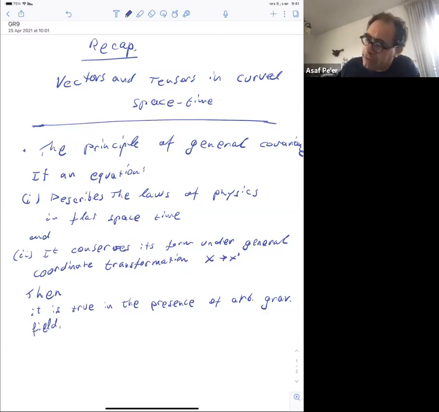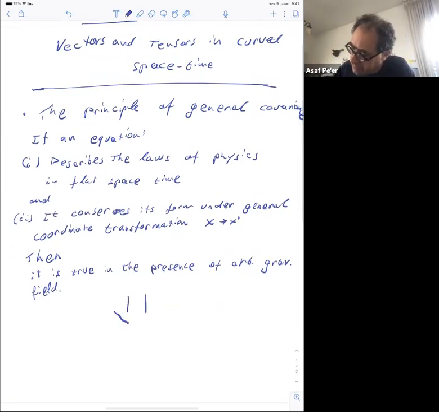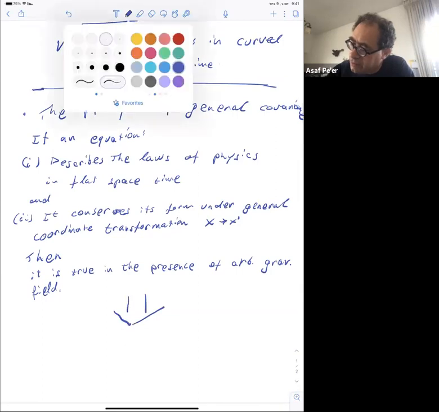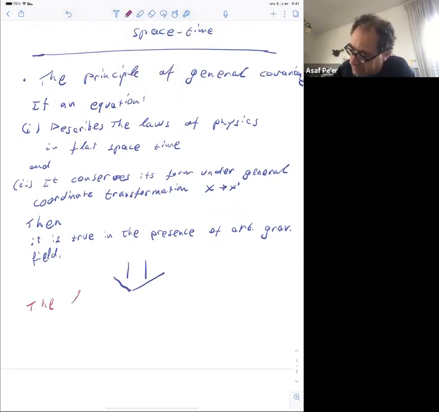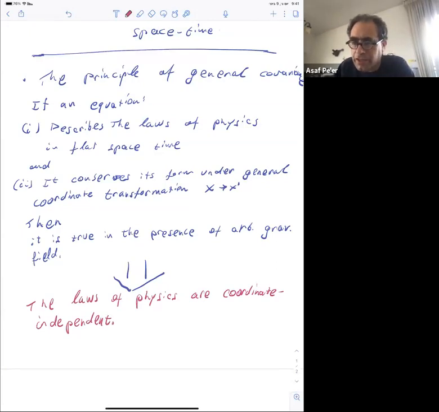And the correct way of thinking of this principle is that the laws of physics are independent of coordinates. Right? This is the other way of thinking of all that, is that the laws of physics are coordinate independent. Which otherwise, you can take out all the physics and just throw it away, basically, right?